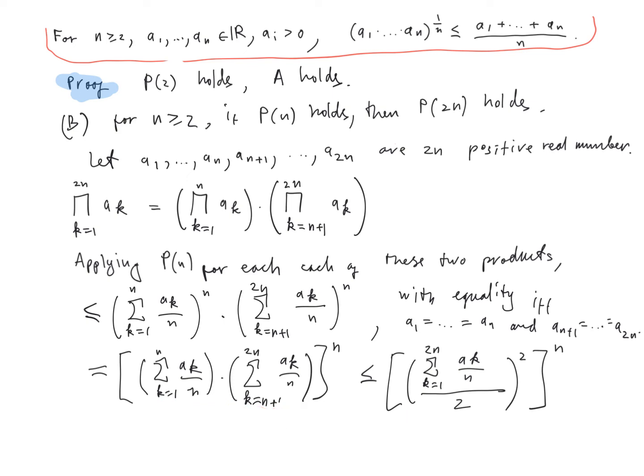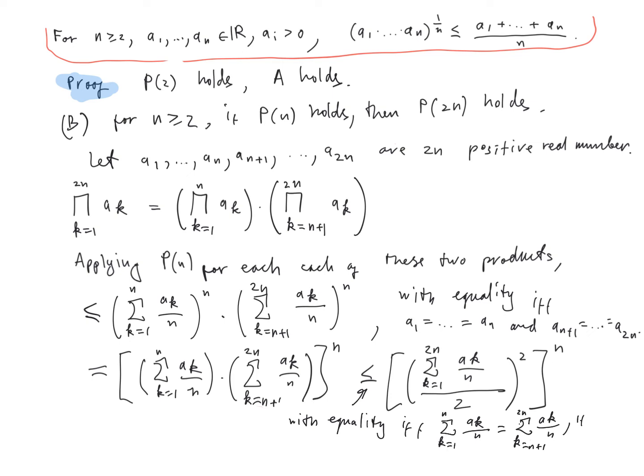And moreover, as a part of the assertion P2, we have equality if and only if the sum over all k from 1 to n, ak divided by n, is equal to the sum over all k from n plus 1 up to 2n ak divided by n, just because in the condition P2 we get equality if both of these two numbers are equal.